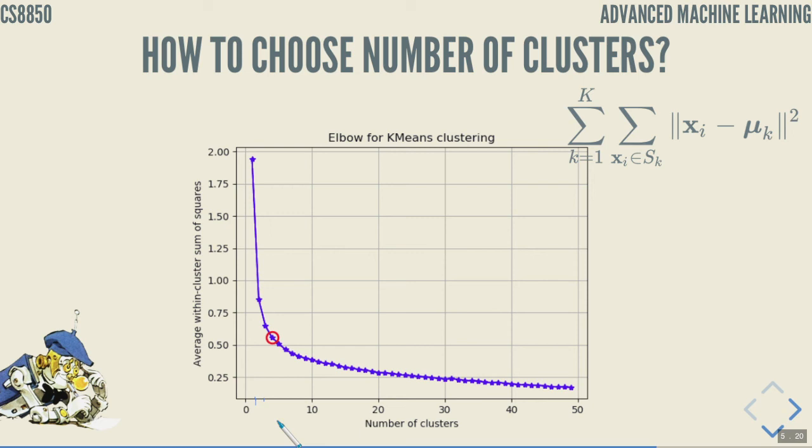When to stop? For k-means, the stop is recommended to be at the elbow. If you have this inflection point in your graph, choose your number of clusters right at the inflection point. It is a heuristic, and we have done that once.